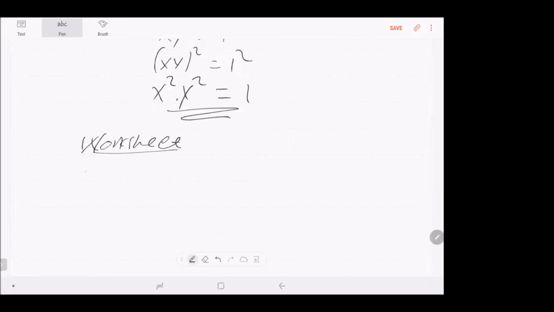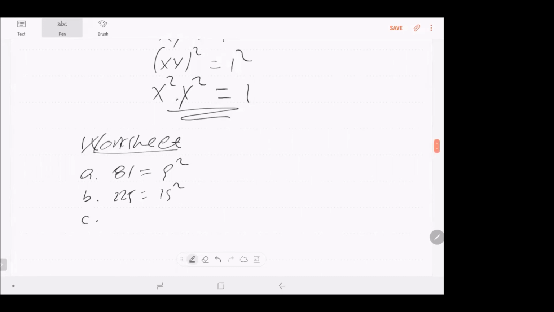If we take A, it is 81. So 81 means 9 squared, 9 times 9. So it is a square of a rational number. What about B? If we take 225, it is 15 squared, 15 times 15. It is a square of a rational number.